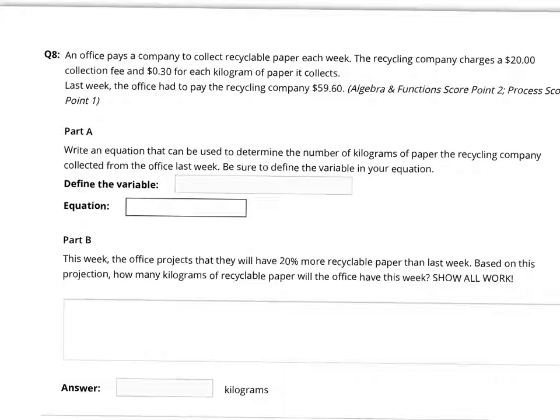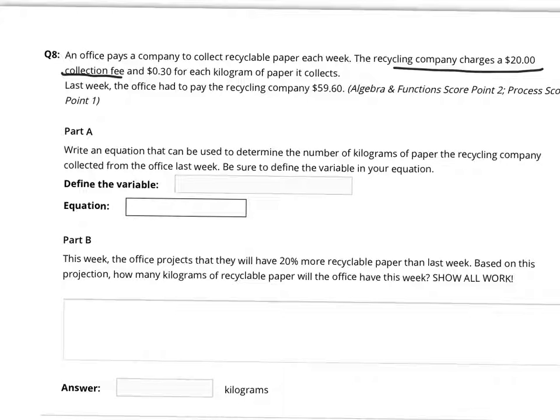Number 8, an office pays a company to collect recyclable paper each week. The recycling company charges a $20 collection fee and 30 cents for each kilogram of paper it collects.